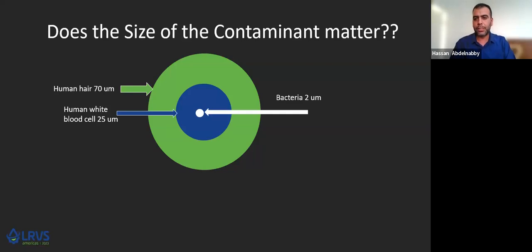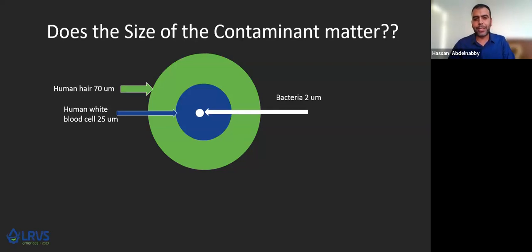So yes, the size actually matters, but there is an application for use. I have seen it before. A technician comes and takes the oil and moves his fingers around it, sees nothing, says it's clean, let's put it there. So let's make sure that he will not see any contaminations that can affect our equipment.